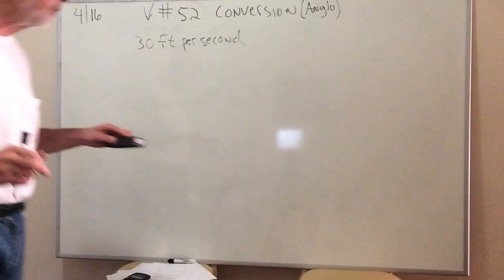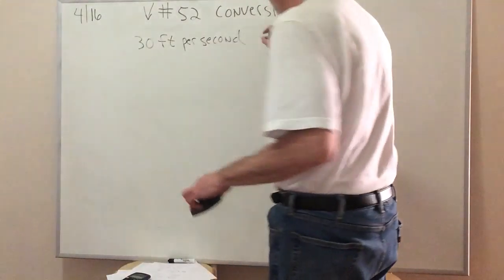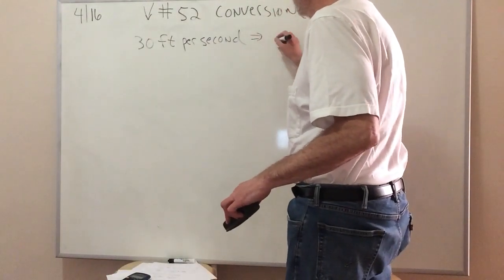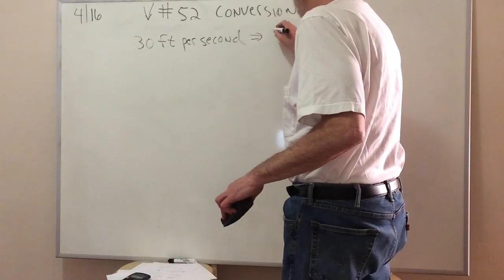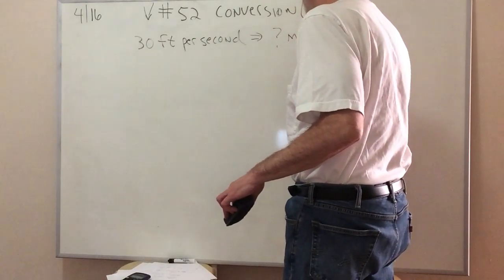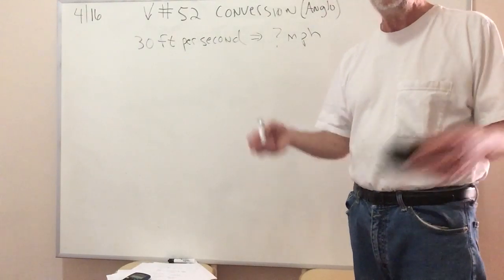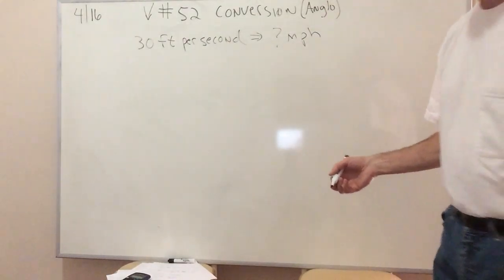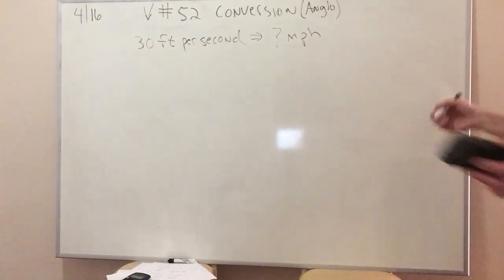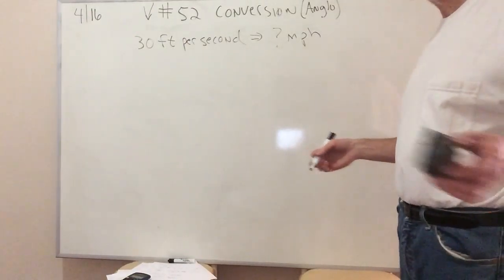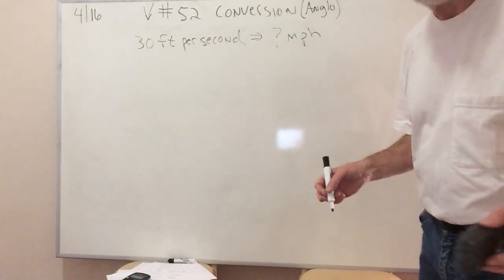And the problem would be, let's see if we can understand that. So we might want to convert this to miles per hour. And then in miles per hour, since we're always in cars and bicycles and whatnot, I can get an idea of how fast 30 feet per second really is.